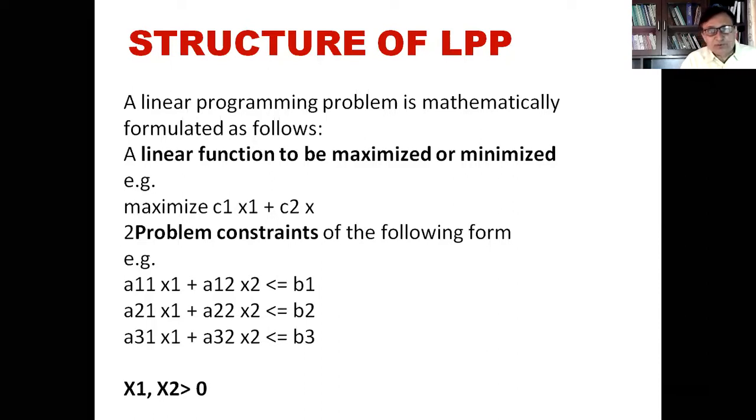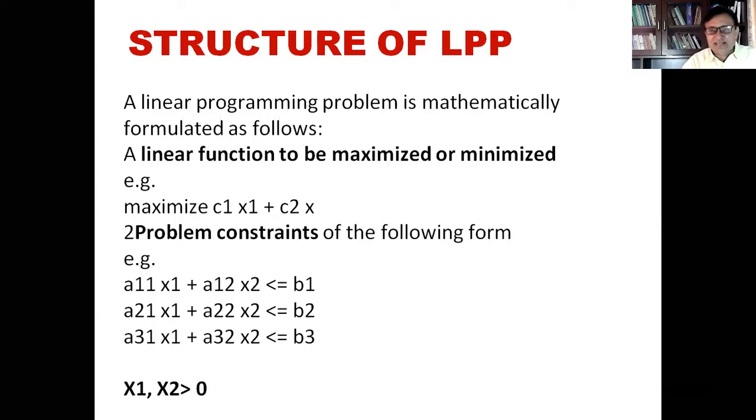Then you need data about the structural coefficients, that is, how much quantity of A11, A12 is required for producing X1 and X2. Similarly, A21, A22, A31, A32 are required for producing X1 and X2. And thirdly, we have the assumptions.